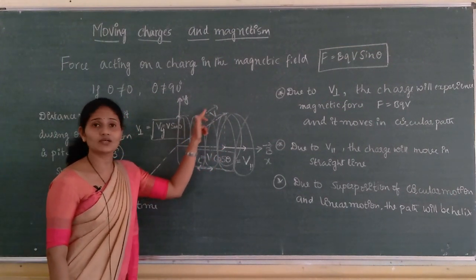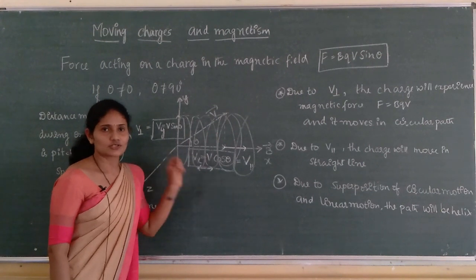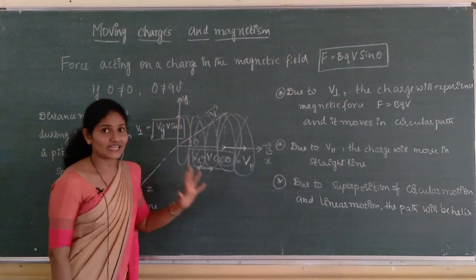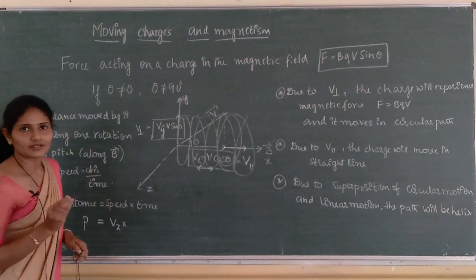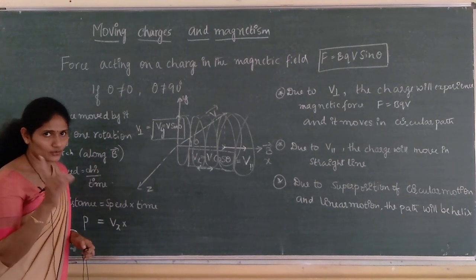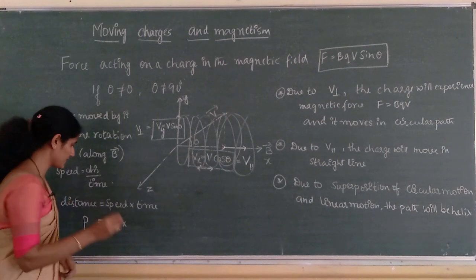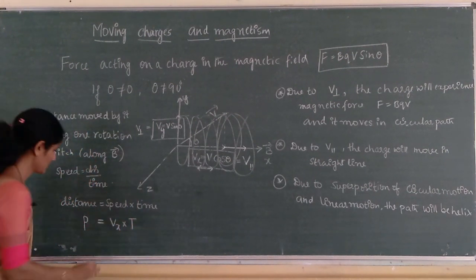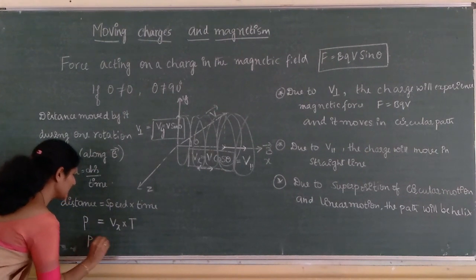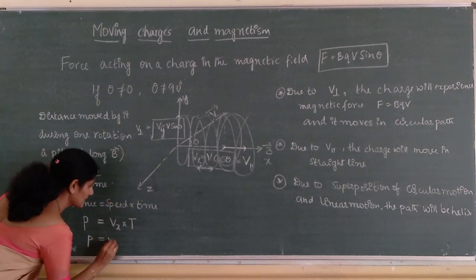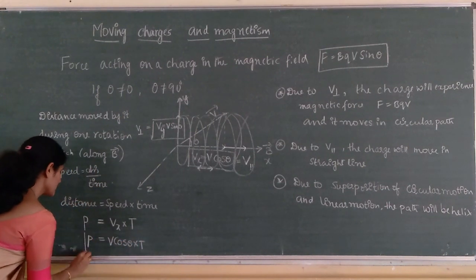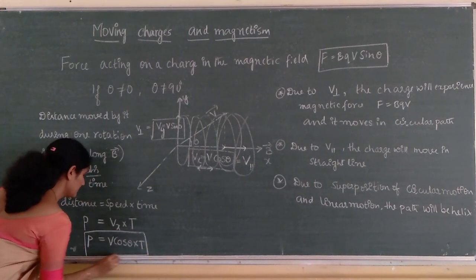Here we are considering one complete rotation, and the time for one rotation is called the time period, represented by T. So pitch P is equal to Vx, which is V cos theta, into time period T. This is the expression for pitch.